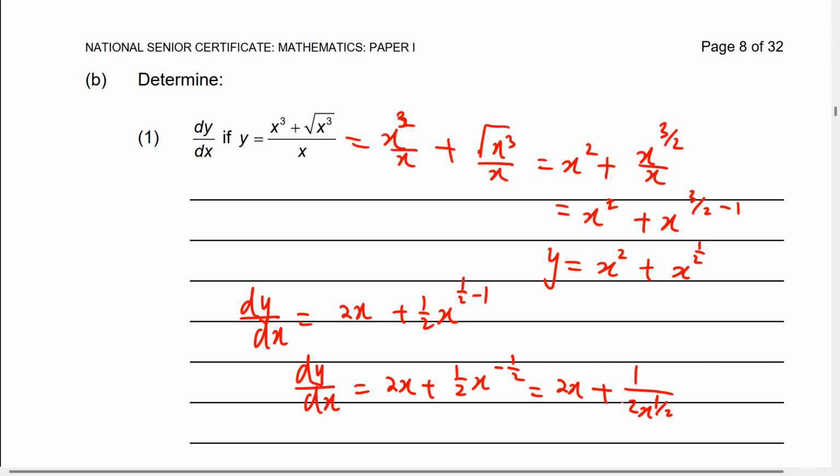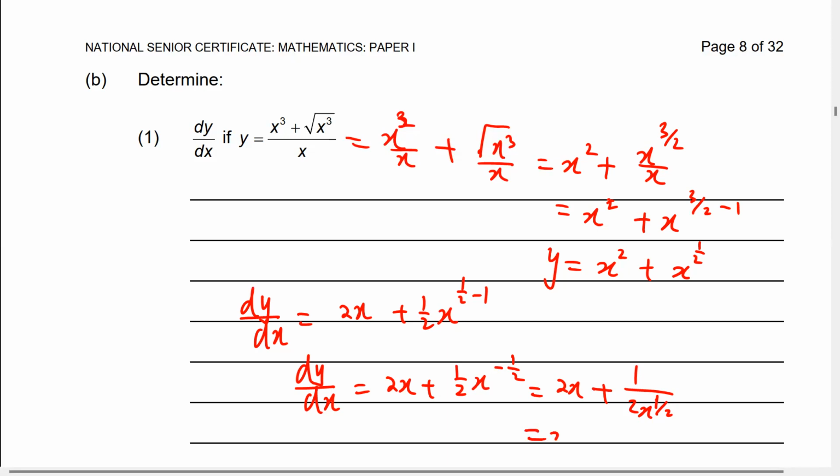So we continue. This is the answer. Normally, you must write your answer with positive exponents or positive indices. You can see clearly here that the exponent was minus 1 half. We have moved it to the bottom so that it becomes a positive exponent.